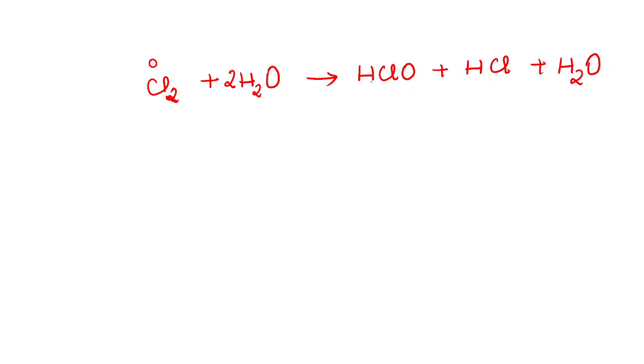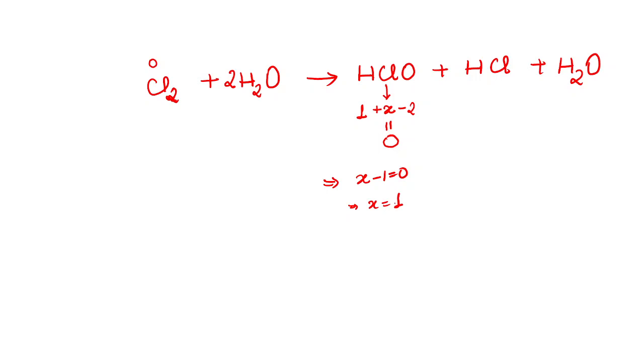Now in this case here, how to calculate the oxidation state? We have to calculate the oxidation state of chlorine. So for calculating the oxidation state, I will take it as x. Now we know that the charge of hydrogen is +1 and oxygen is -2, and this will be completely equal to 0. Now when you solve, you will get x minus 1 equal to 0, that is x equal to 1.